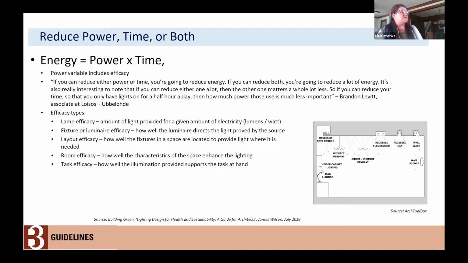And that can be achieved with various efficiencies, things like lamp efficacy, the actual output of the electric light source; fixture or luminaire efficacy, which is how the fixture directs the light that is provided by the lamp source; the layout, how light fixtures and windows are placed to provide light; the room efficacy, again, the size, the interior materials and the reflectances; and then, of course, the task, making sure that tasks are located strategically to take advantage of available daylight, and then supplementing with electric light as needed.